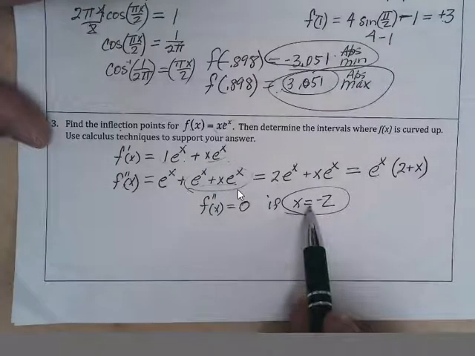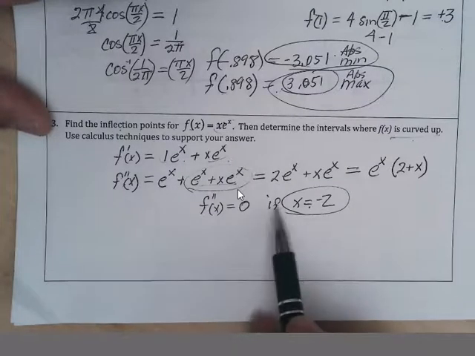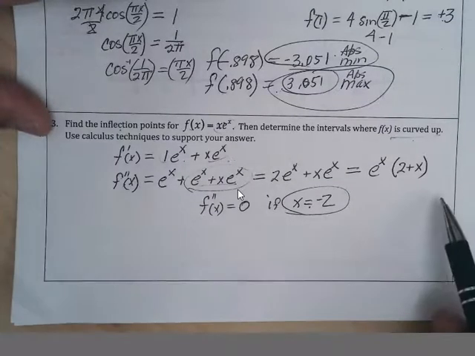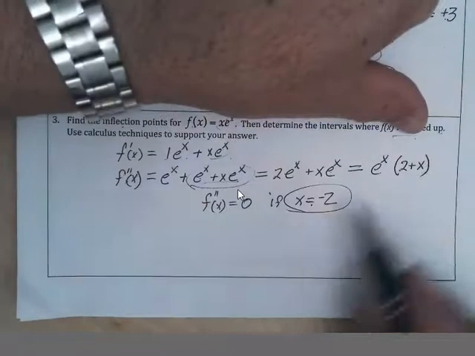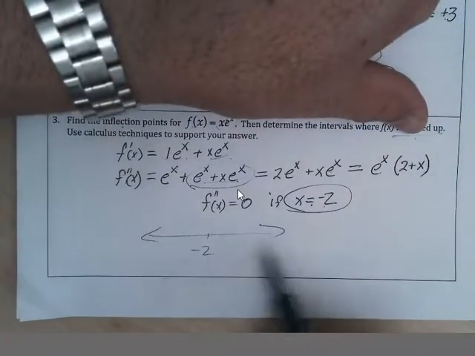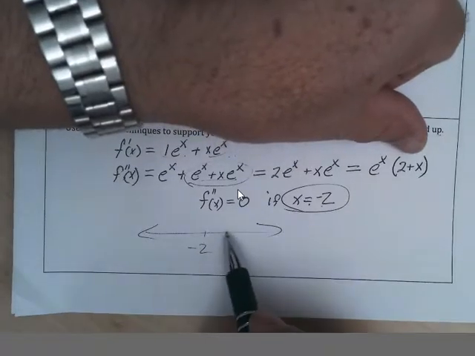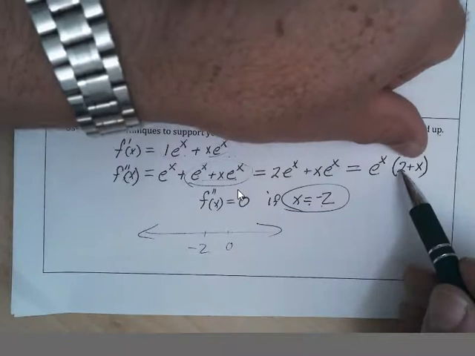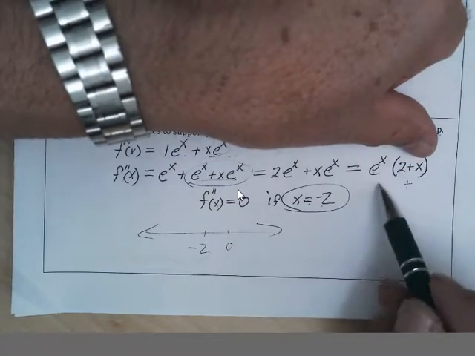Now to know where it's curved up, we check before -2 and after -2 and see whether it's positive or negative. Curved up, it would have to be positive. The curvature changes at -2, so we try something above, like maybe 0. 2 plus 0 is 2, that's positive, and e to the 0 is 1, that's positive.